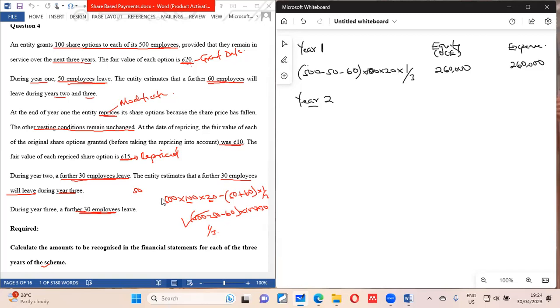All right. So now let's look at year two calculation without the modification.